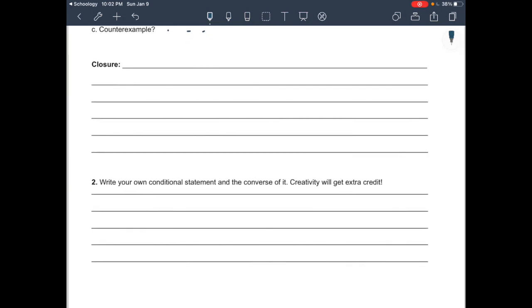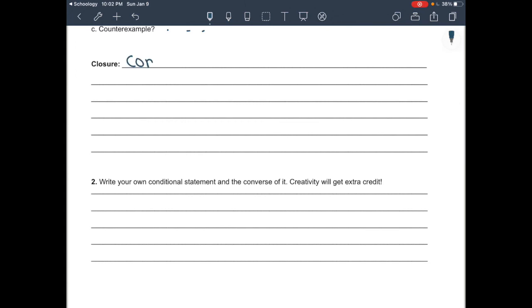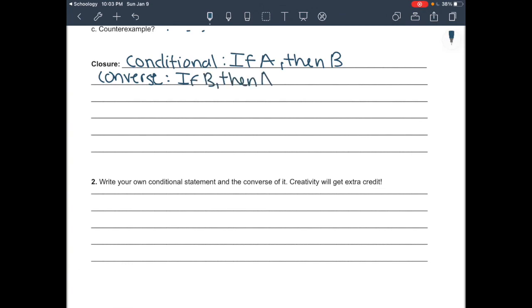So in the closure, I'm going to give you a very quick, upfront, this is what's up. Conditional, boom, converse, boom, done. So we're going to write: conditional is if A, then B, very upfront. Converse: if B, then A. You're just switching things.